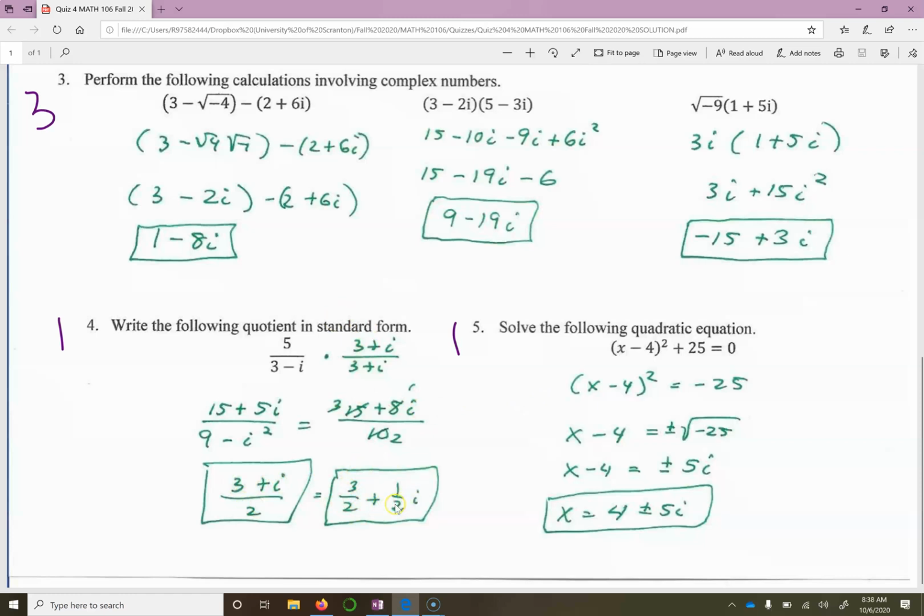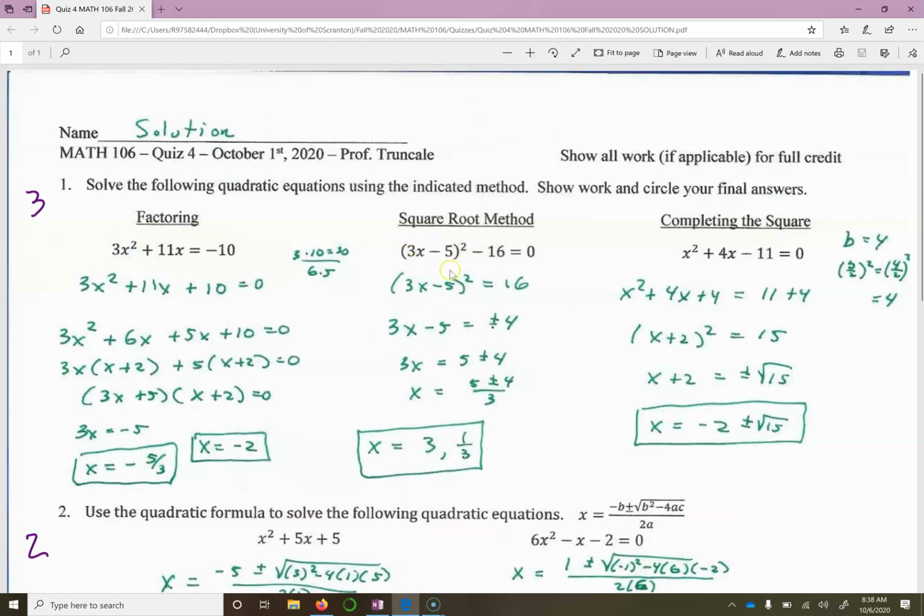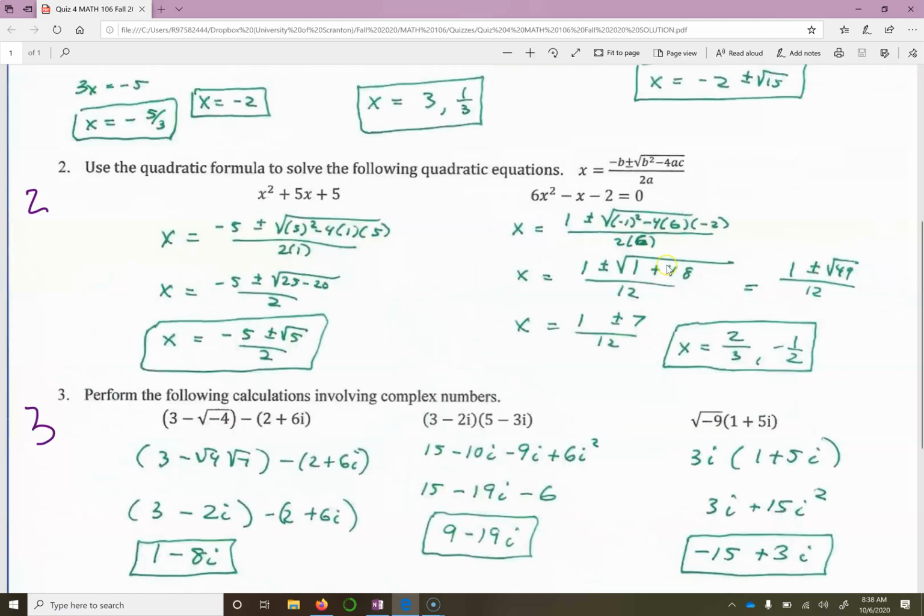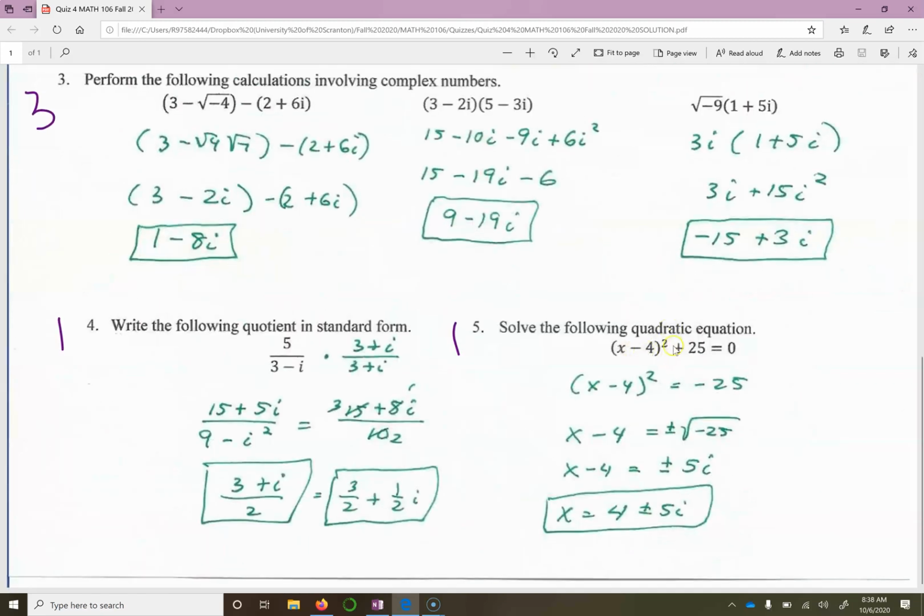Or if you just put it in standard form like I had asked, it's 3 halves plus 1 half i. Okay, so for number 5, this was solving a quadratic equation that's going to have a complex solution. I was hoping you would see that it looks just like the square root method, where you have a binomial squared and then a number. So if you move that negative 25 over and do the square root method, take the square root of both sides, you would get x minus 4 equals plus or minus the square root of negative 25.